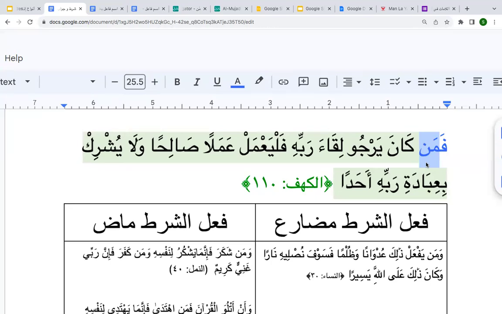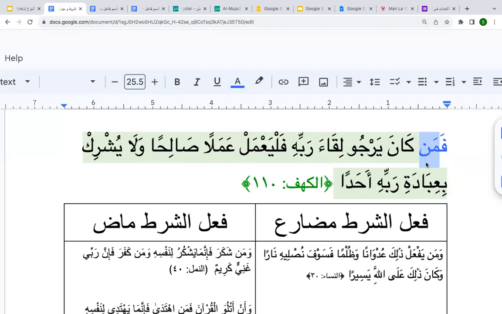And if you see a mudari majzoom after it, if there is a fail madin after it, how do we treat it then? For example, here you have fail nakis kana, or which is madin, so you call it fi mahalli jazmin. Barakallahu feek, my dear sisters.